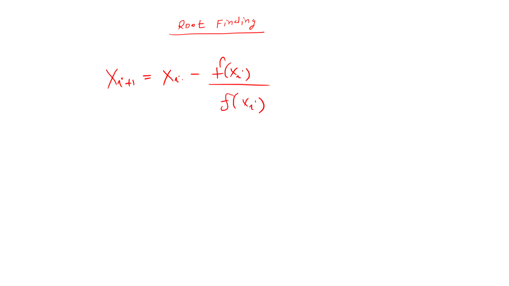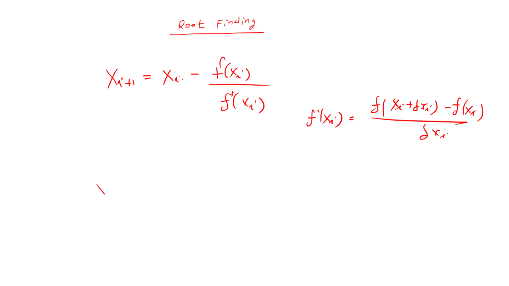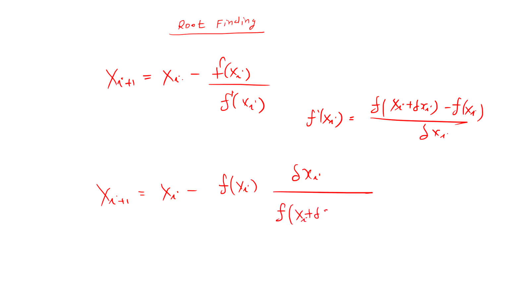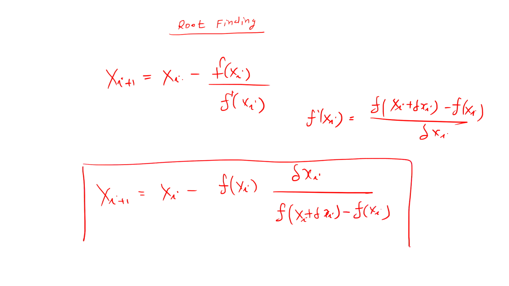And if I put the value of f prime xi as f of xi plus delta xi minus f of xi upon delta xi, then this expression becomes xi plus 1 is nothing but xi minus f of xi delta xi upon f of xi plus delta xi minus f of xi. So this will be my formula to update the value of x in this modified secant method. So it's an update of the secant method.